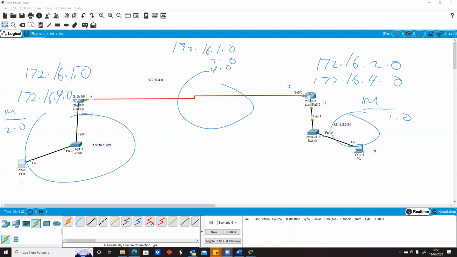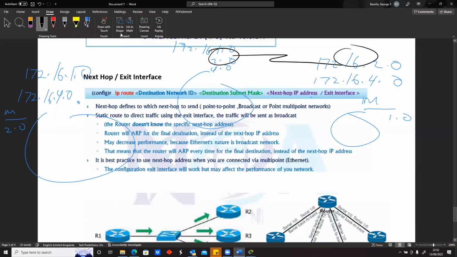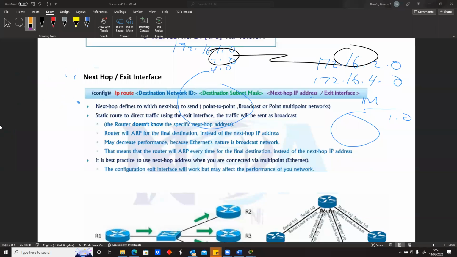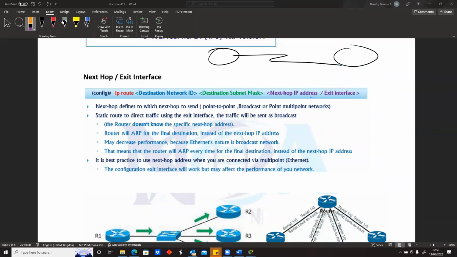And so in our lab, what we did was we had to go into the devices and then configure the networks. But what we were doing was that we were using the next hop. So basically, we went into R1, and the missing network for R1 was 172.16.2.0.